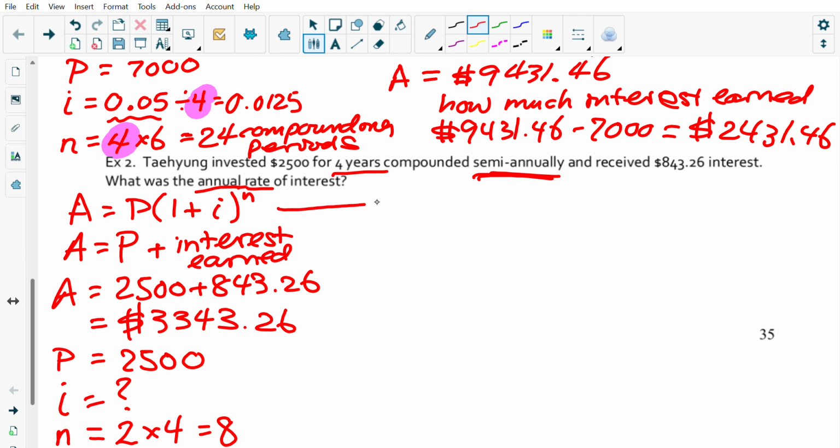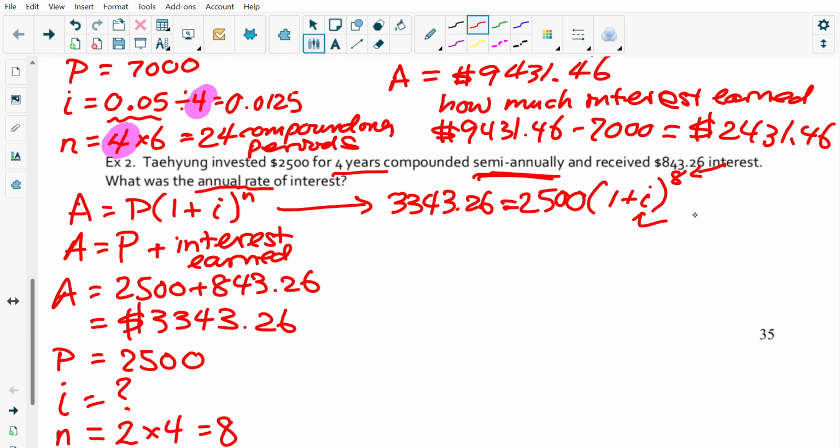Let's do our calculation. So I have A, which is $3,343.26, equals P, which is 2,500, times 1 plus i, my interest rate, and n, the number of compounding periods, is 8. So this interest rate we're looking for, because I have an 8 here, that's semi-annually compounded, right?